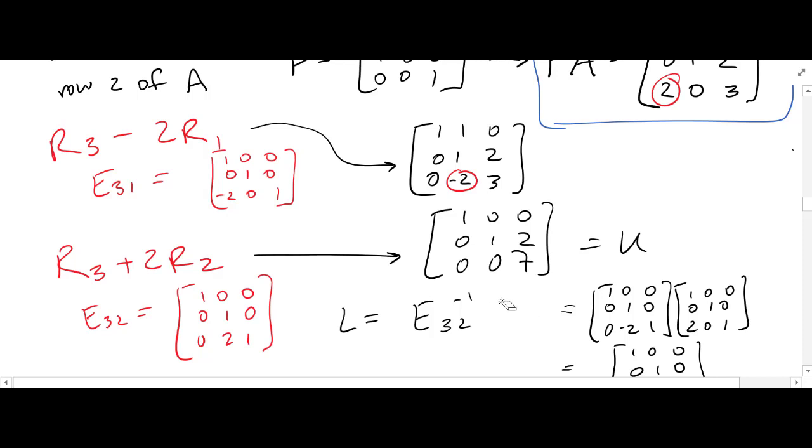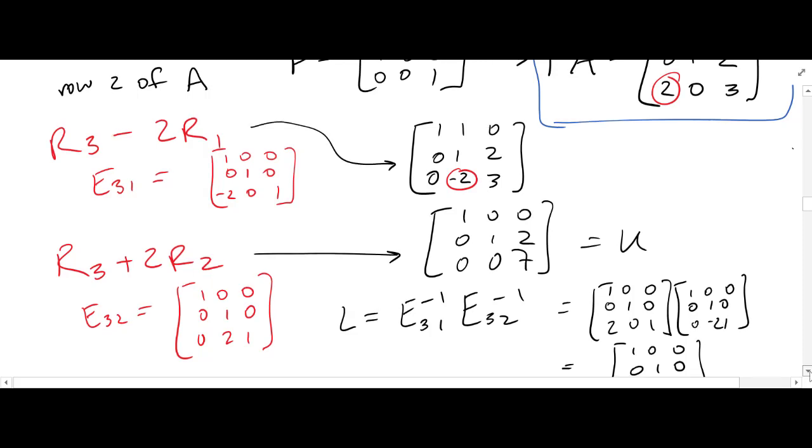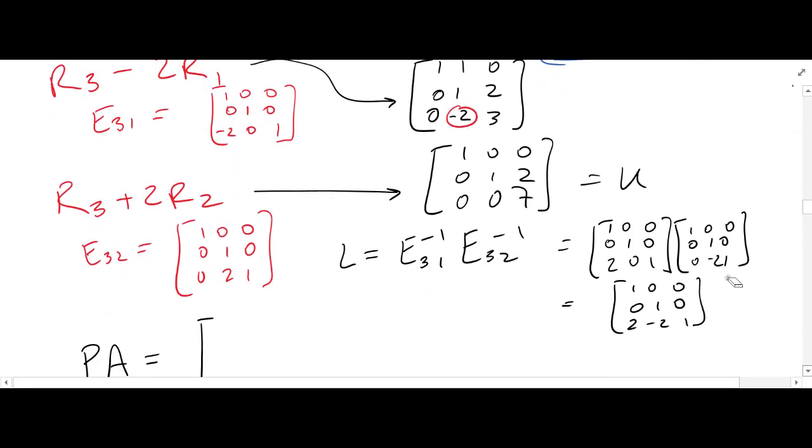Yes, because I did E31 first. Thank you. So these 2 matrices would have a 2 here and negative 2 here, which means the product is still the same.